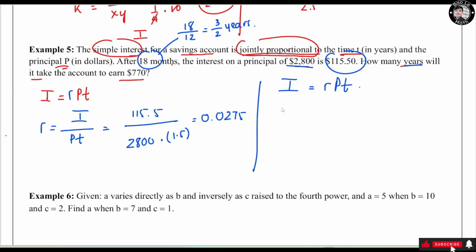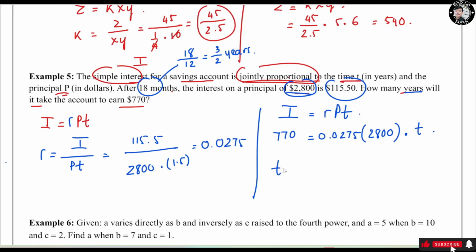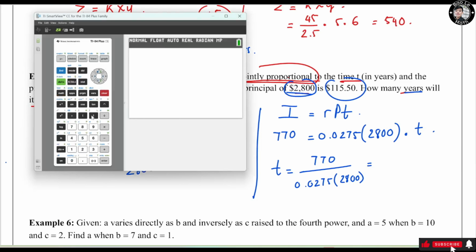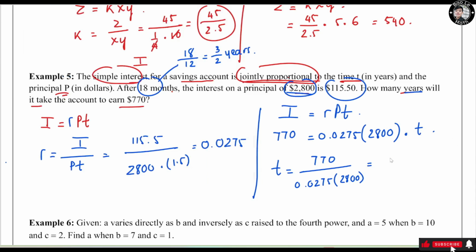I equals 770, r equals 0.0275, p equals 2,800, times t. So t equals 770 divided by 0.0275 times 2,800. So we're going to punch it into the calculator. So it's going to be 10 years.